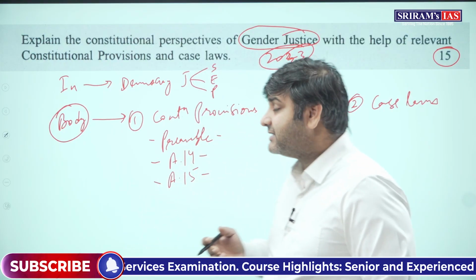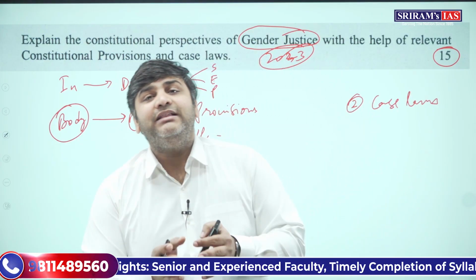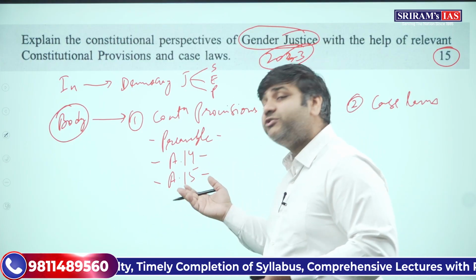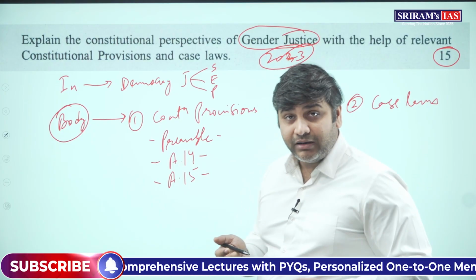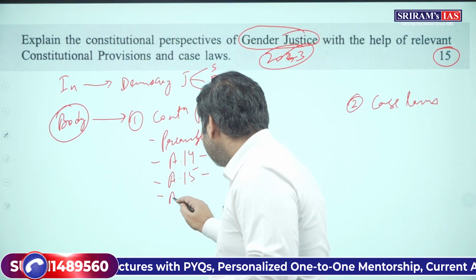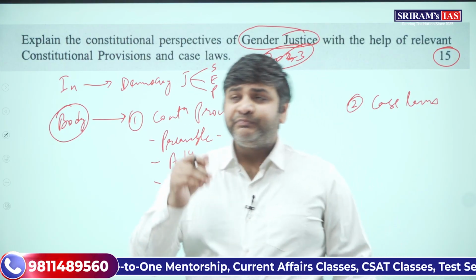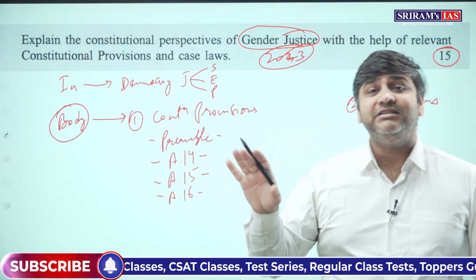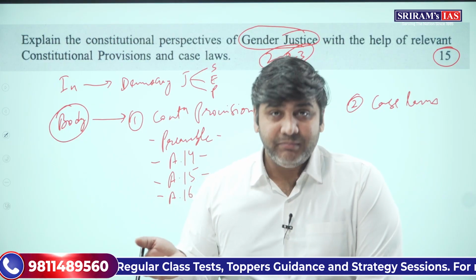And it contains a ground, sex. There shall not be any discrimination by the state on the basis of sex. So Article 15 also promotes gender justice, just like Article 14 and the preamble. Article 16: in matters of public employment, since the state is a model employer, it is very important that gender justice is maintained. There shall be equality between men and women.